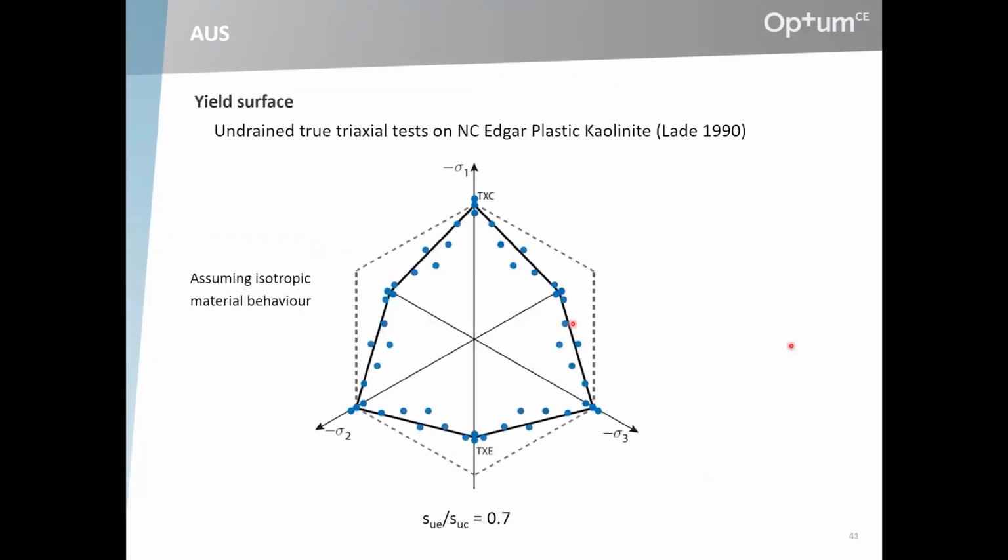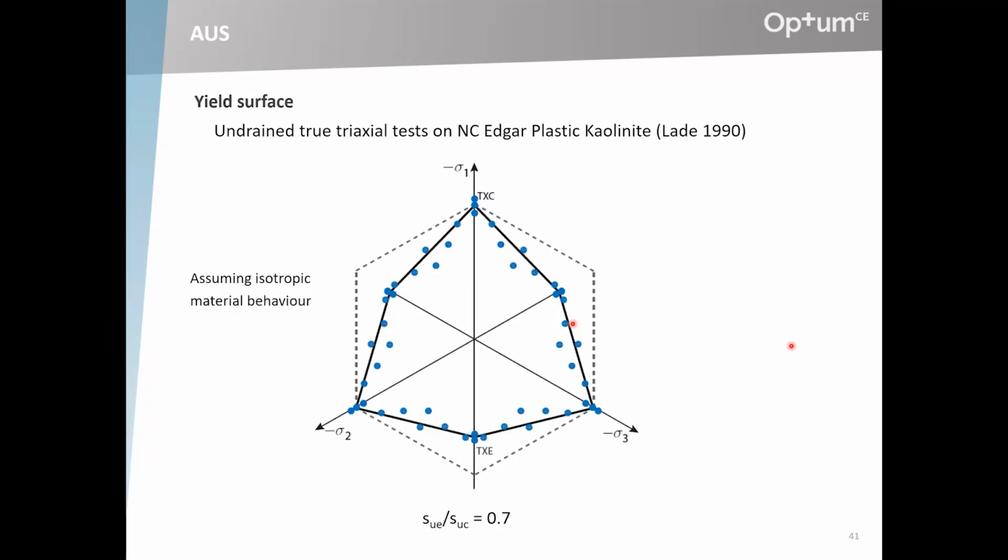And you can look at true triaxial tests as well. This is some data from Lade, who prepared these samples so that there's no reason to believe that they were anything but isotropic. So that's the first message I wanted to get through.